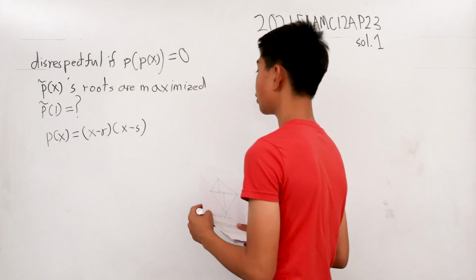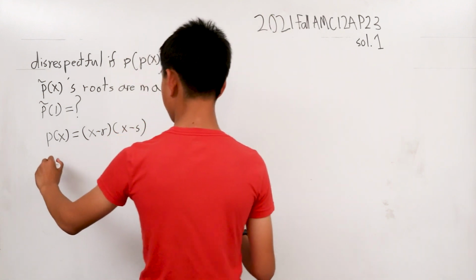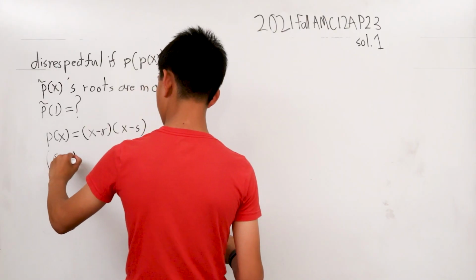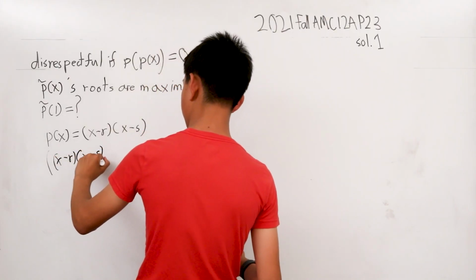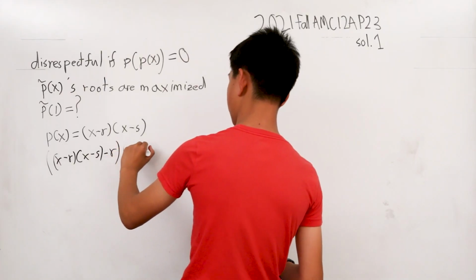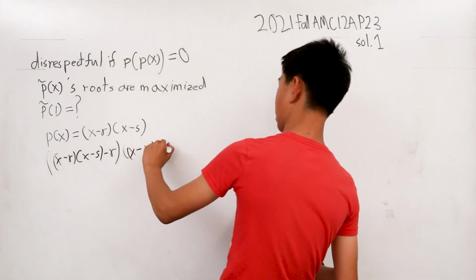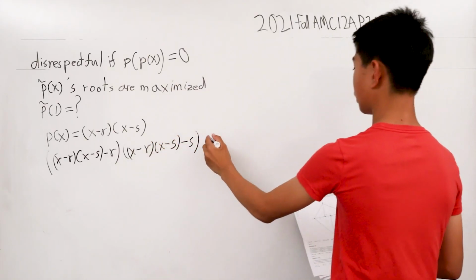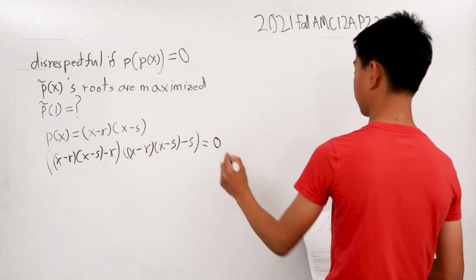Okay, so when you plug that in, you get x minus r times x minus s minus r times x minus r times x minus s, and all of this is equal to 0.